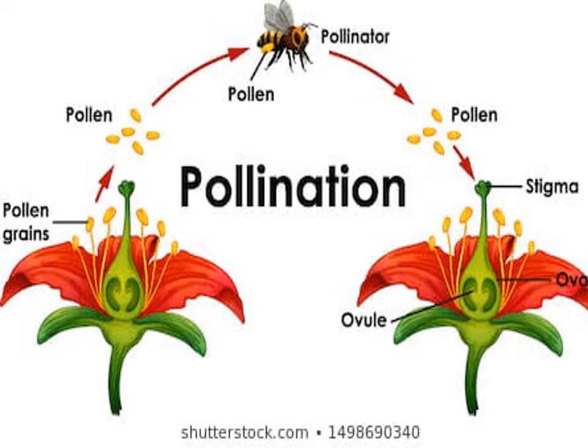So the two types of pollination. So the self-pollination, another one cross-pollination.